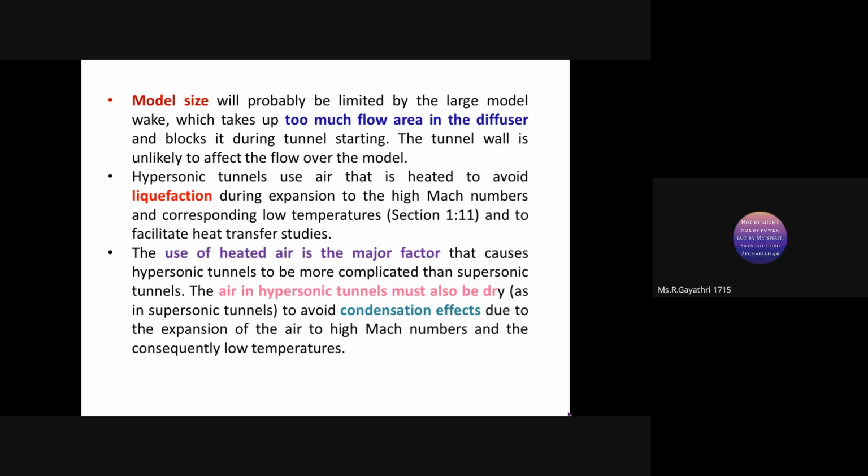The air in hypersonic tunnel can easily be dried to avoid condensation effects due to expansion of air to high Mach numbers and the consequently low temperatures. So first I told we can use heater.